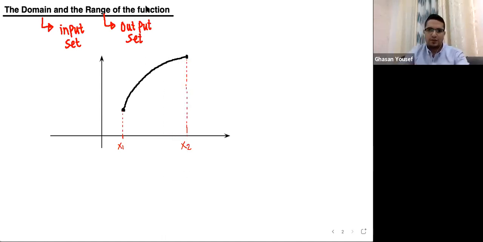Also, at x1 the y value is here. This is y1, and suppose this is my y2.